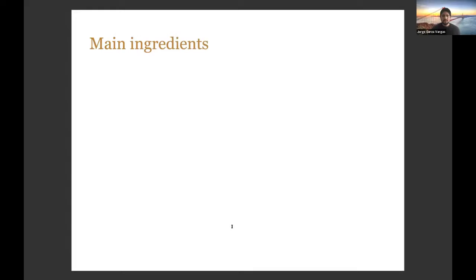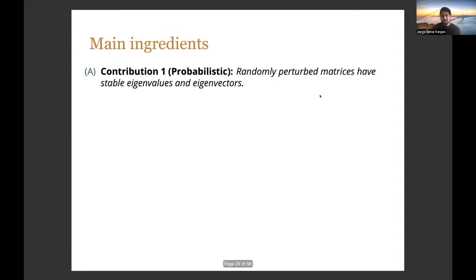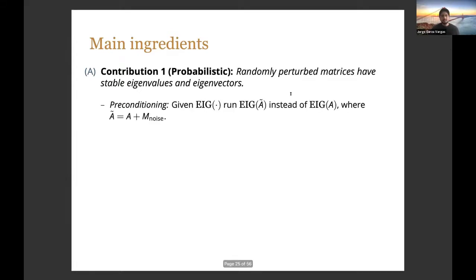Okay, so let me tell you the main ingredients for a proof. First, there's a contribution that can be thought of as a purely random matrix result. We exploited the fact that randomly perturbed matrices have stable eigenvalues and eigenvectors. In the spirit of smoothed analysis, this is used as follows.